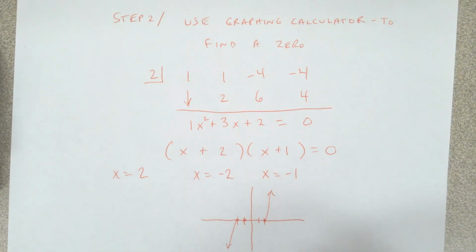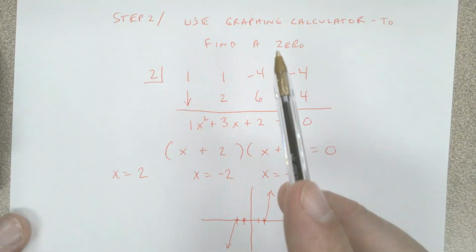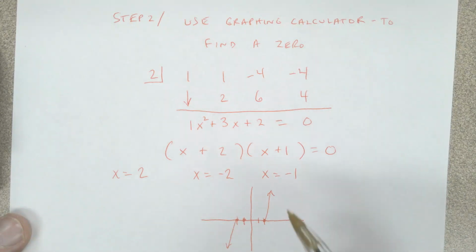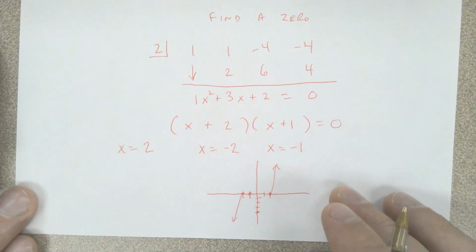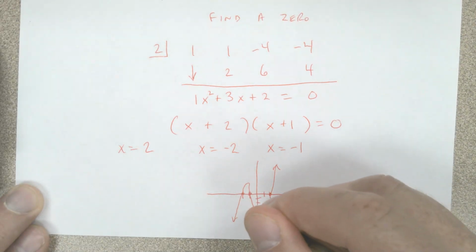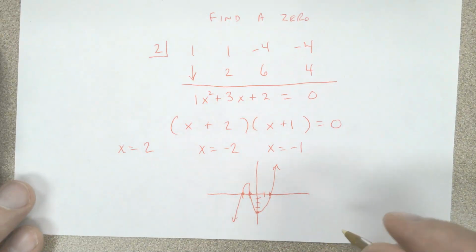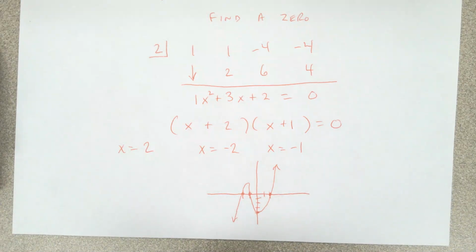It is going to pass through at each of those points. We also know that if I put in 0 for x, my y-intercept is going to be down here at negative 4. This is, again, just a rough sketch. It's going to pass through. And there's my last step, just making a rough sketch using my zeros.